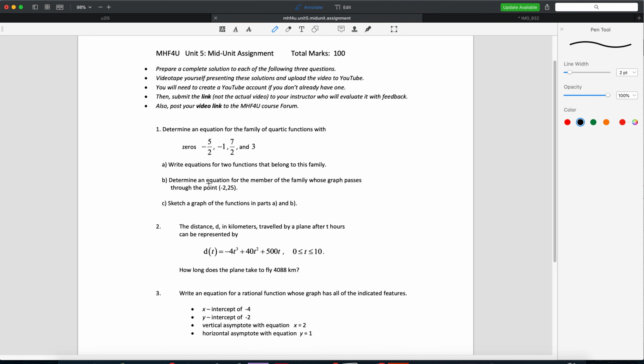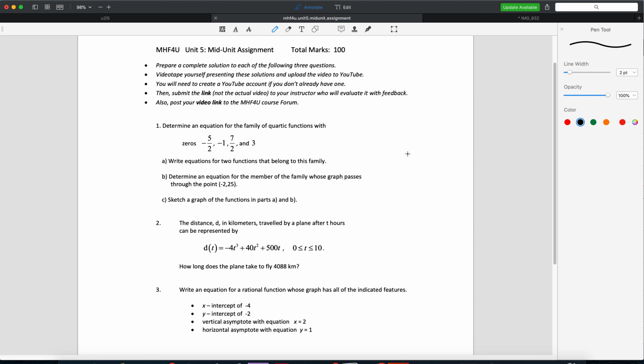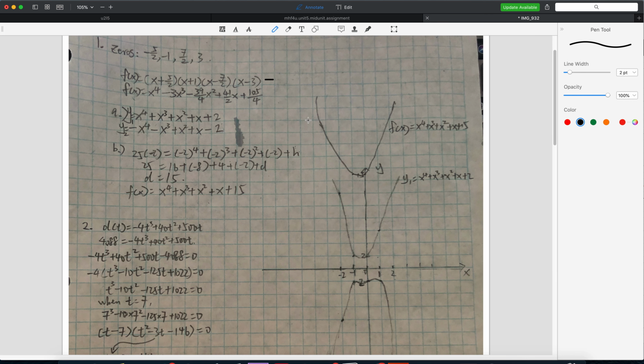And question B, determine an equation for the member of the family whose graph passes through the point -2, 25. I just want to determine the D, which is the part, which is the H here.